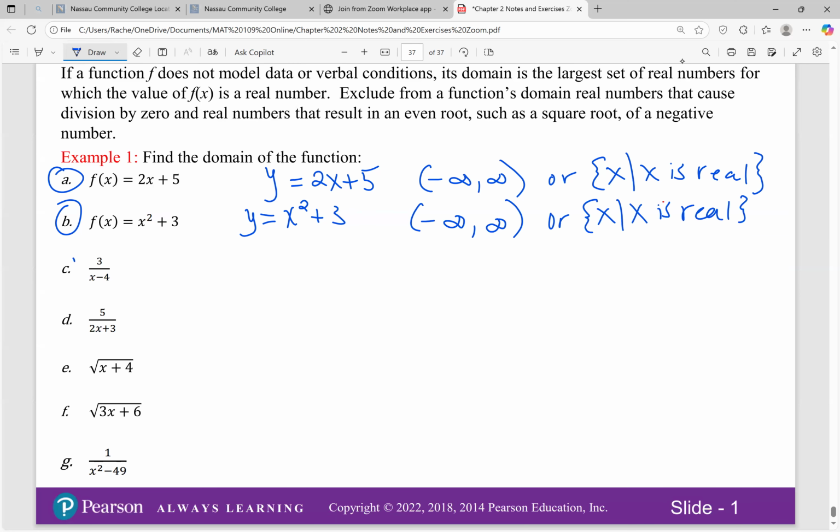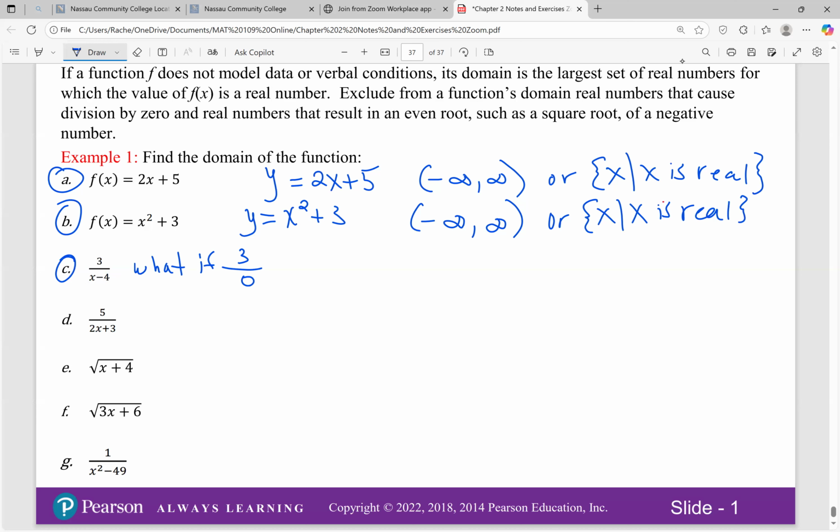And suppose the denominator was equal to 0. So what if we had 3, but we tried to divide by 0? That's a problem. That's not defined. That's not a real number. So it's going to break the machine. So if I tried to plug in a number for x, but it was going to produce a 0 in the denominator, we have to exclude that value from the domain.